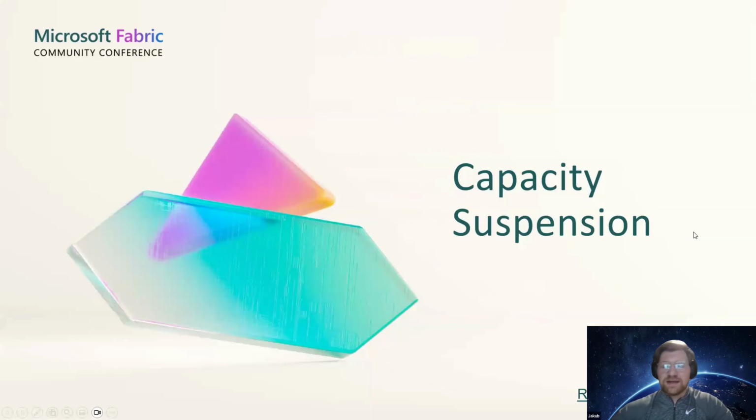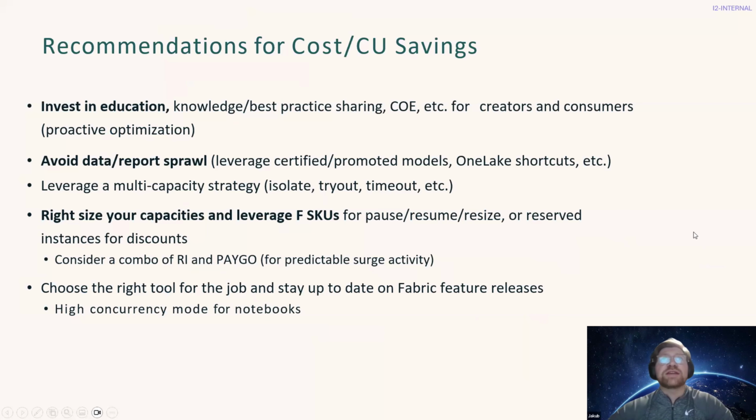So what we found to be the main recommendations to save capacity units: first of all, it is important to invest in education so your users know how to write efficient code. Avoid data or report sprawl. There are two types of functionality in Fabric, called certified and promoted models.